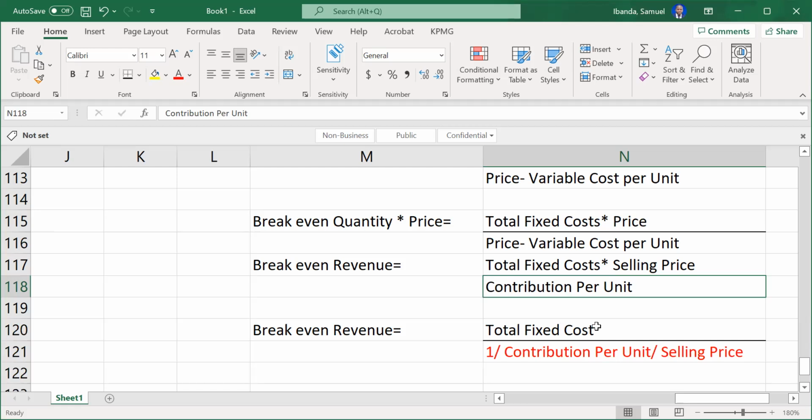So if that is what I want to do, basically I'm going to do the reverse.